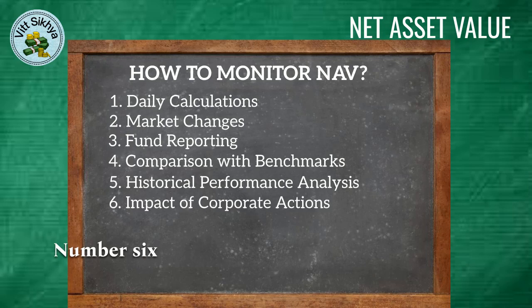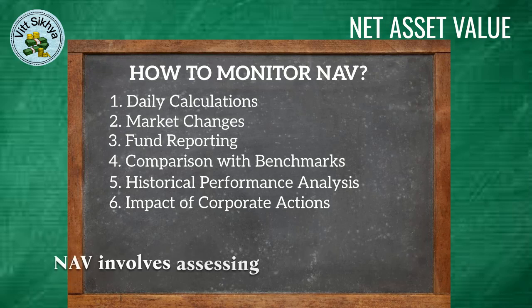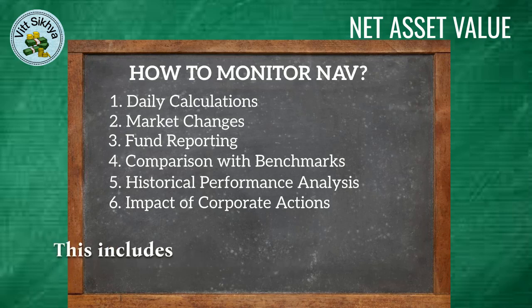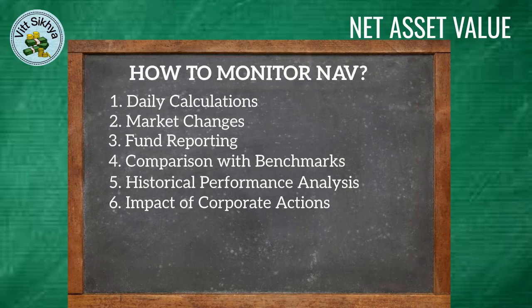Number 6, impact of corporate actions. Monitoring NAV involves assessing the impact of corporate actions on the fund's value. This includes understanding how events such as stock splits, mergers, or dividend payments influence NAV.